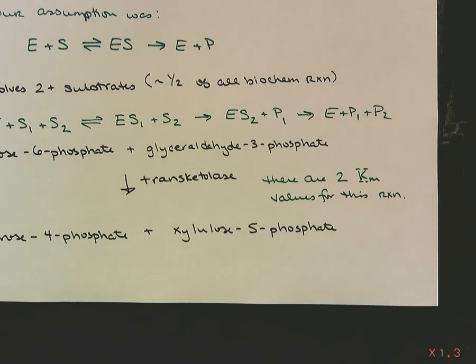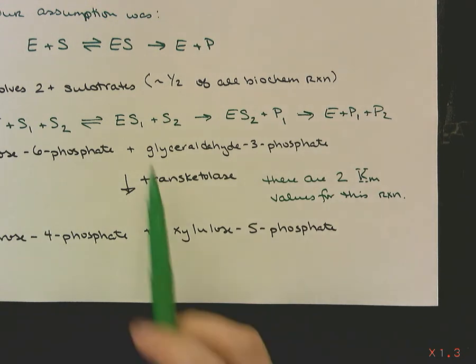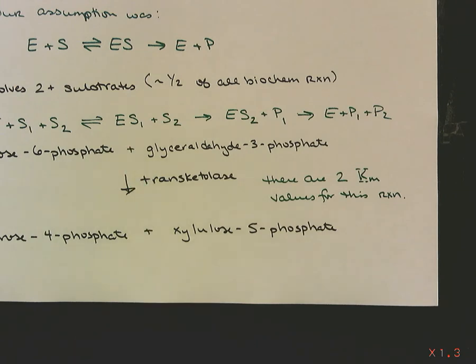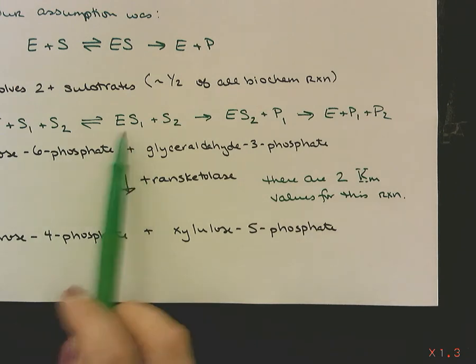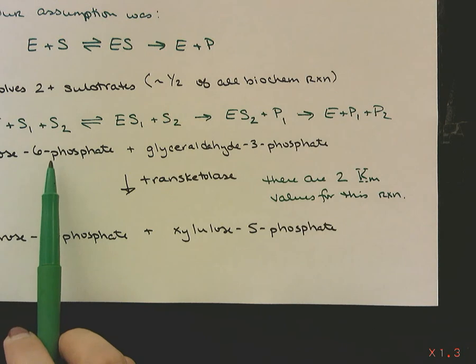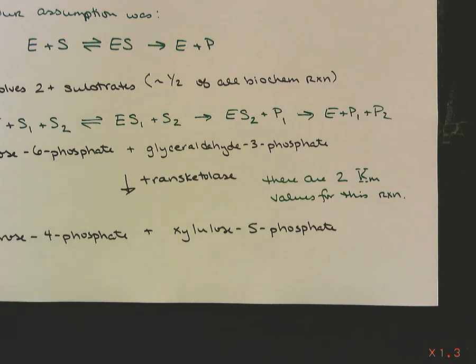Will one of these substrates be more attractive than the other, or will it trade off depending on which it comes from? There is usually an order in which they have to bind, probably in this case the fructose 6-phosphate first, so that it can pull off the functional group. Then that one can float away, and the second one has to come in to put the functional group on.